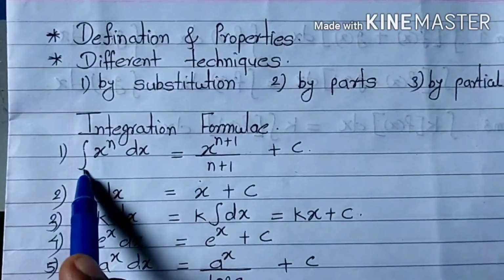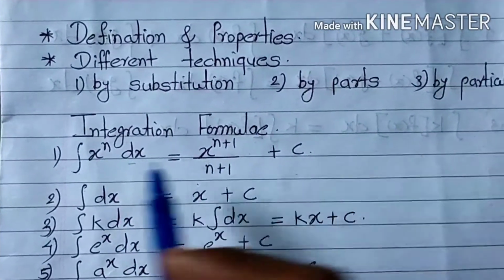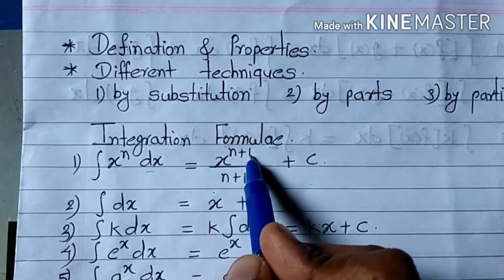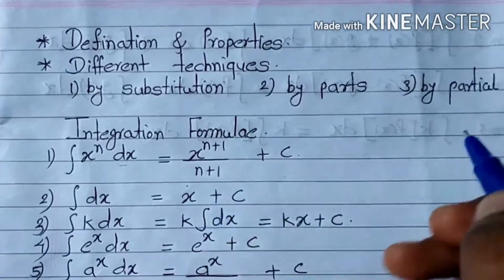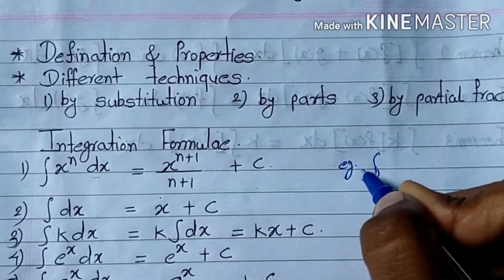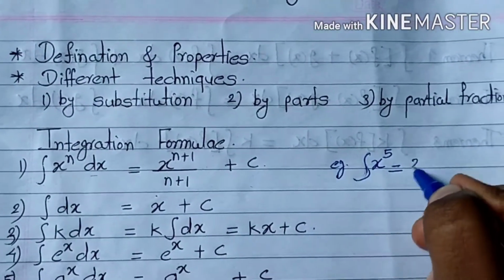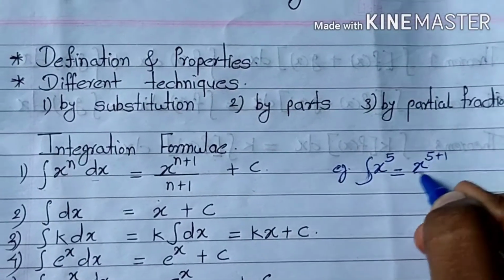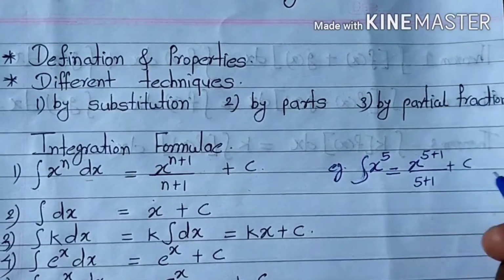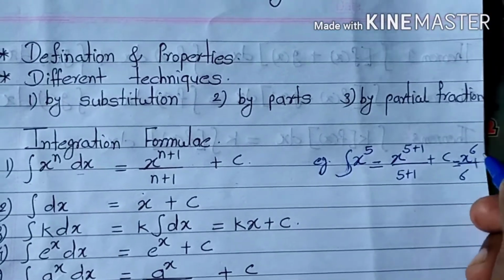Here this is the sign of integration and dx is the small increment. Example: if integration of x raised to 5, then it will become x raised to 5 plus 1 upon 5 plus 1 plus c, which is equal to x raised to 6 upon 6 plus c.